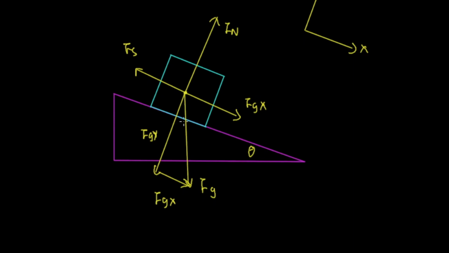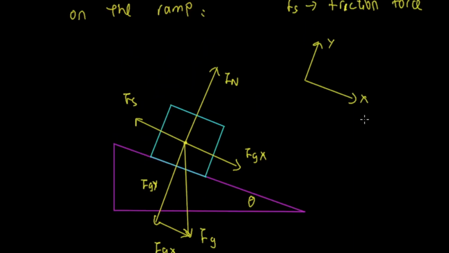Again, this is angle theta, the same situation as before we talked about. Now, let's look at all the forces acting on the x-axis here. According to this label, the x-axis is here, like this. We don't have to look at the forces in the y direction here because the normal force will cancel out with the force of gravity in the y direction. So just look at the x direction here.